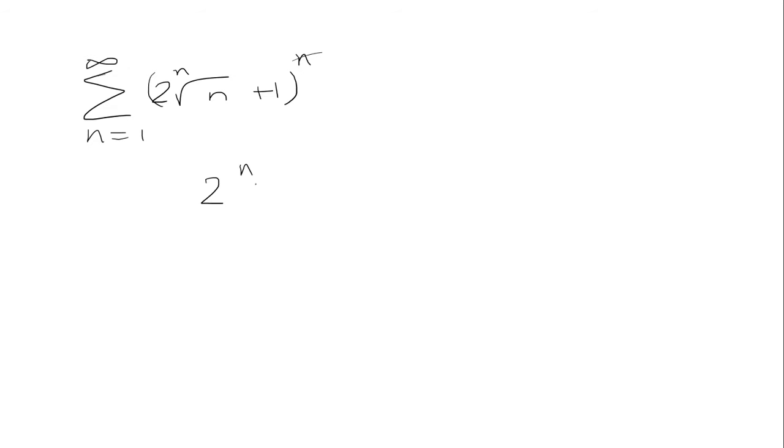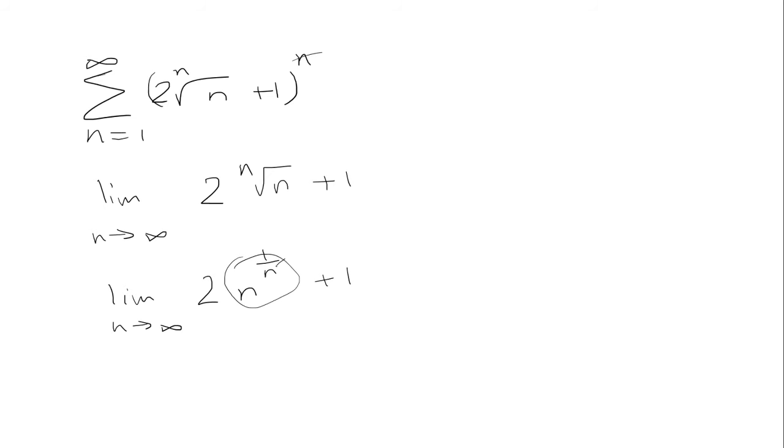So we have 2 times the nth root of n plus 1, and we're going to take the limit as n approaches infinity. So you can think of this as n to the 1 over n power. But basically, this limit right here goes to 1.